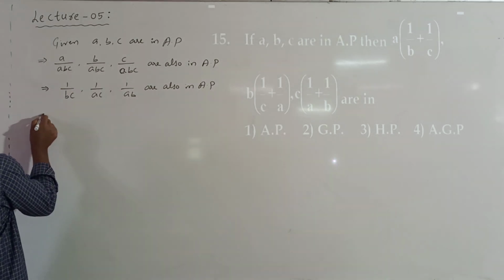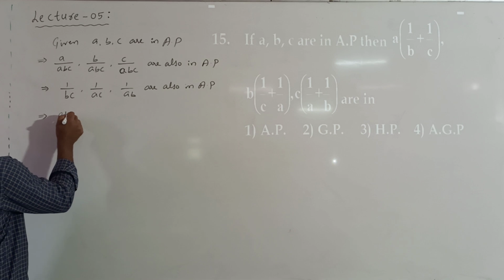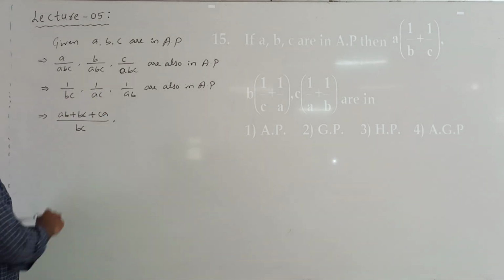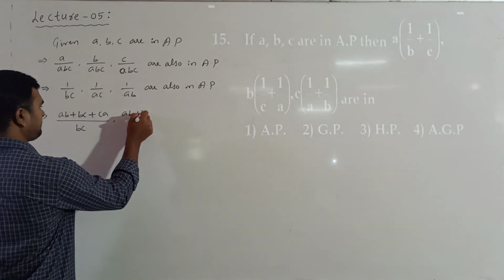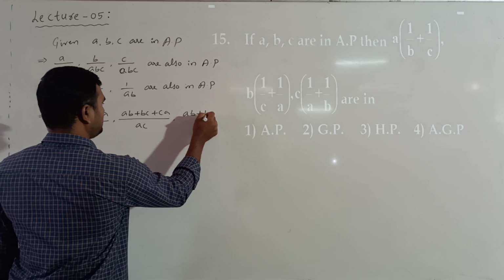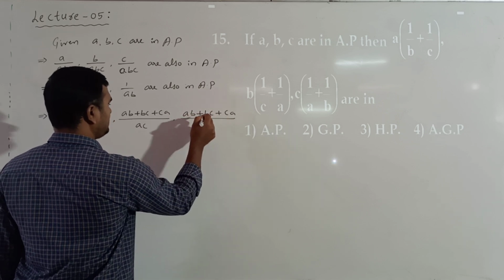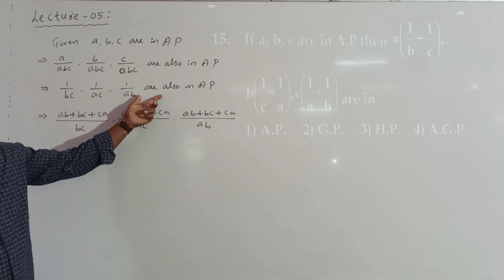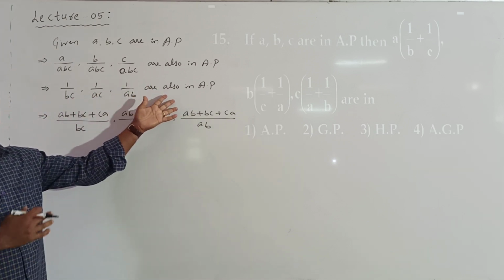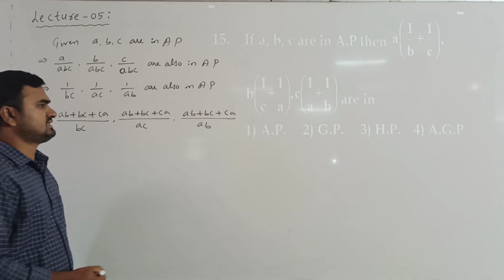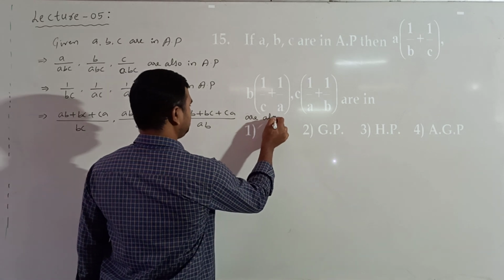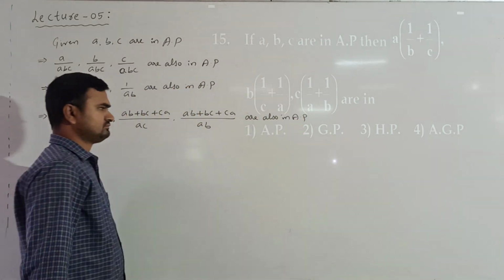So we multiply with AB plus BC plus CA divided by BC, AB plus BC plus CA divided by AC, and AB plus BC plus CA divided by AB. For the terms of an AP, if we multiply by some constant, the resulting sequence is still AP. These are also in AP.